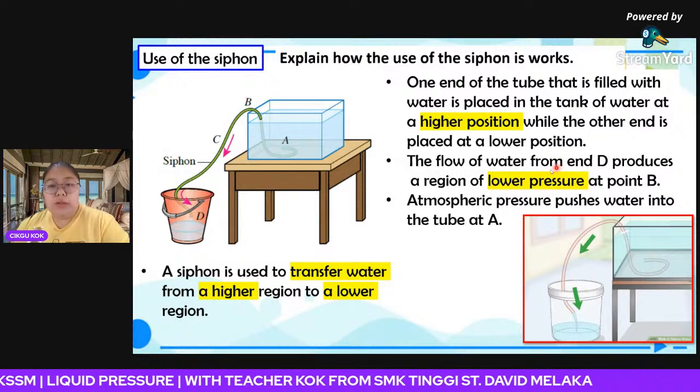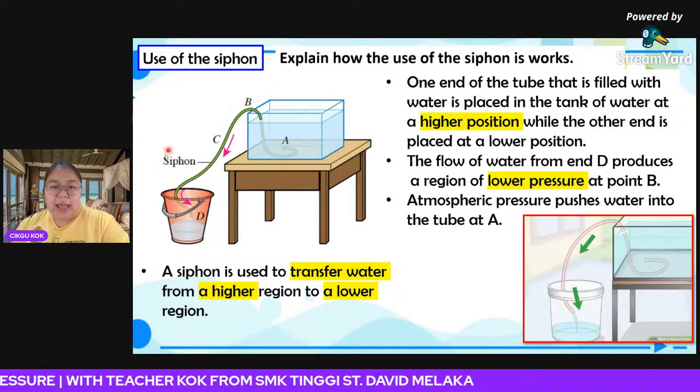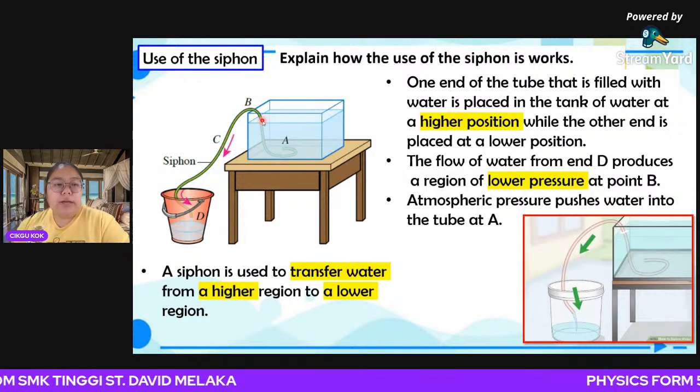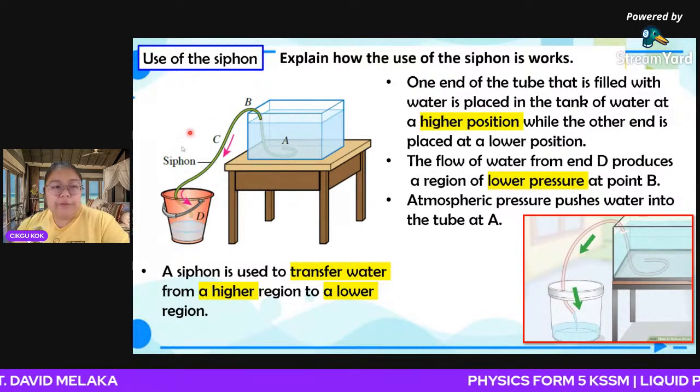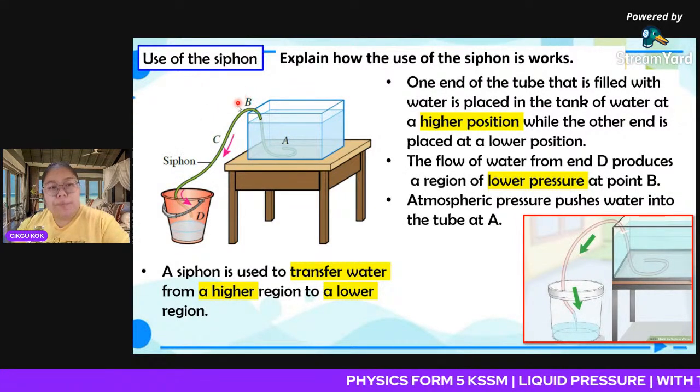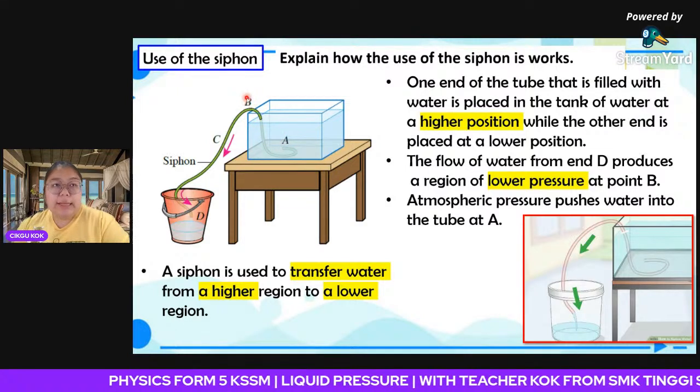Now, as the water flows, it produces a region of lower pressure at point B. The water should go from A to D, right? But if we compare A and B, surely the pressure at B is the lowest.